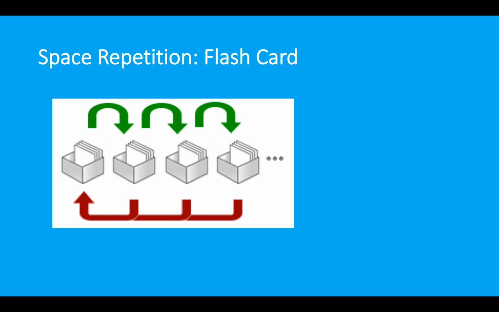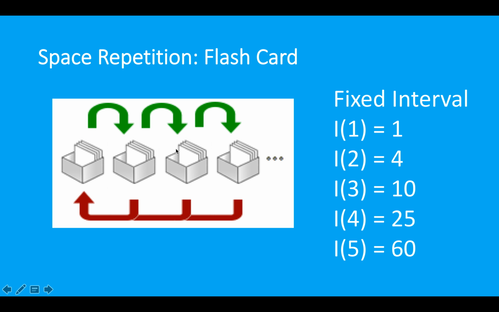One is flashcard. This is actually pretty naive. You put items in boxes, and once you remember one, you move it to the next box. If something you don't remember, you put it back to the very first box.